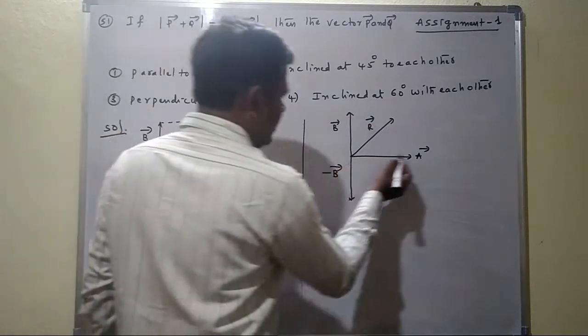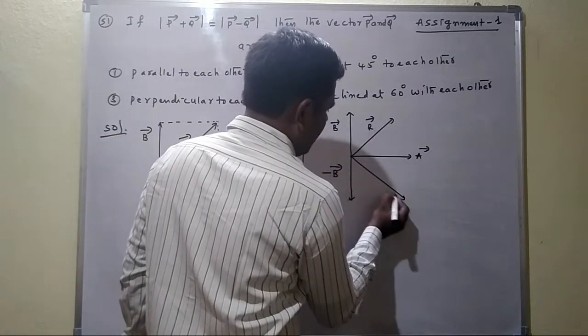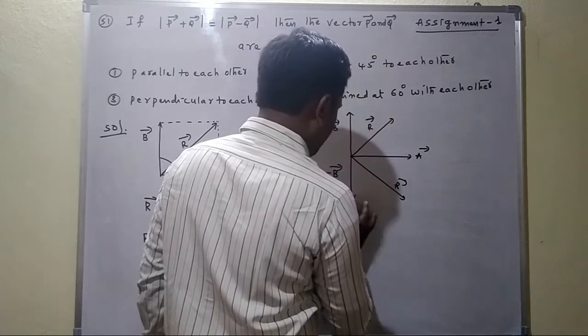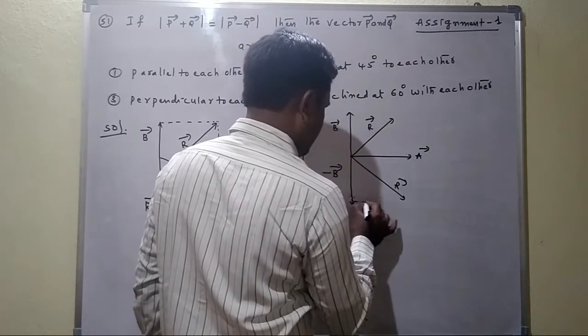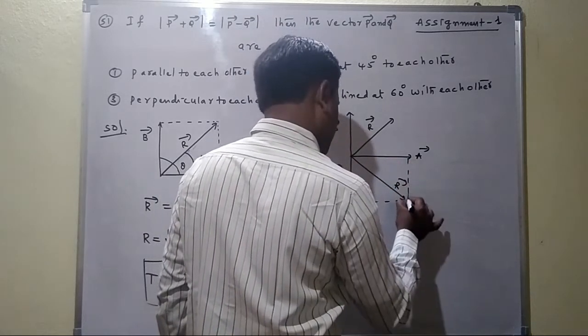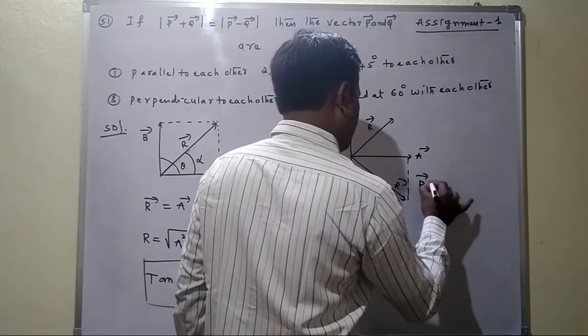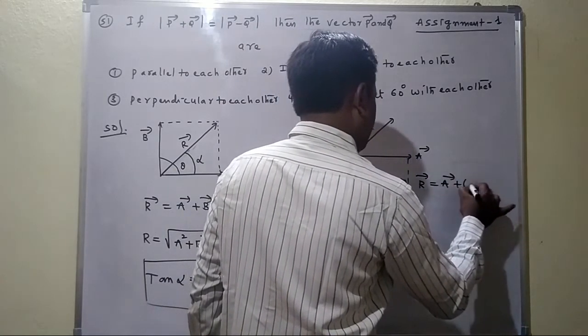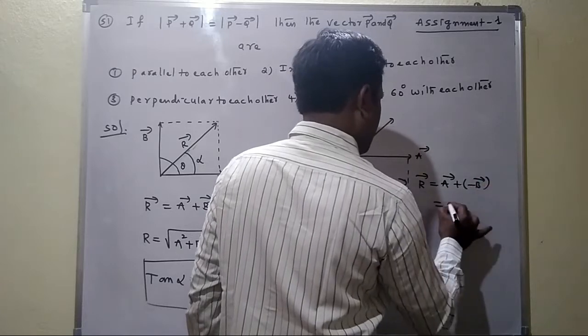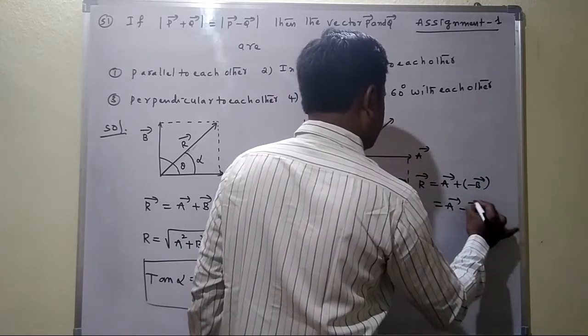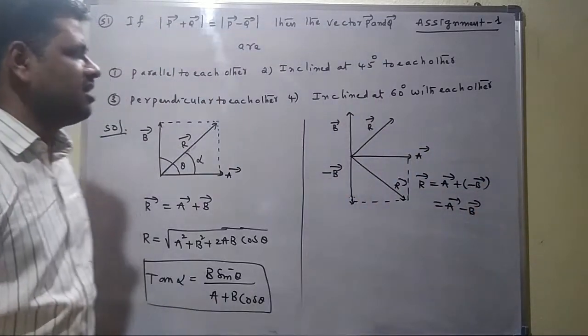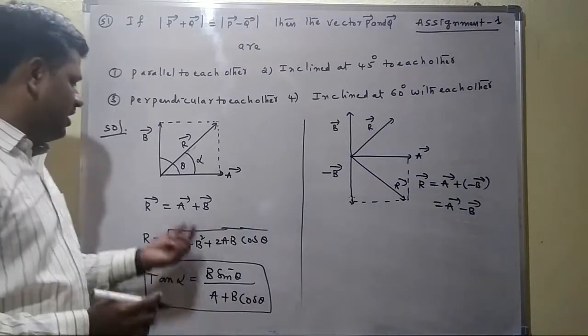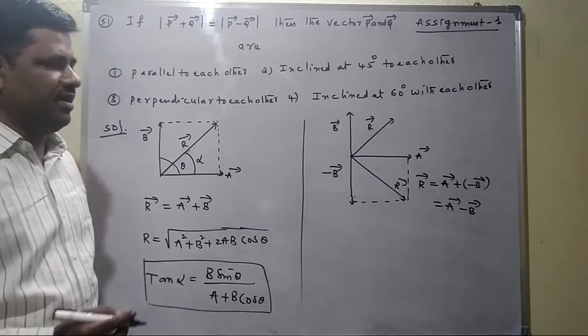Now the resultant of a bar and minus b bar gives the r bar. That r bar can be written as r bar is equal to a bar plus minus b bar, or r bar is equal to a bar minus b bar. This r bar represents the subtraction of the vectors, while the earlier r bar represents the addition of vectors.